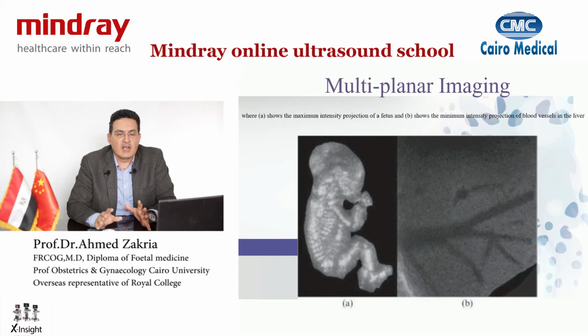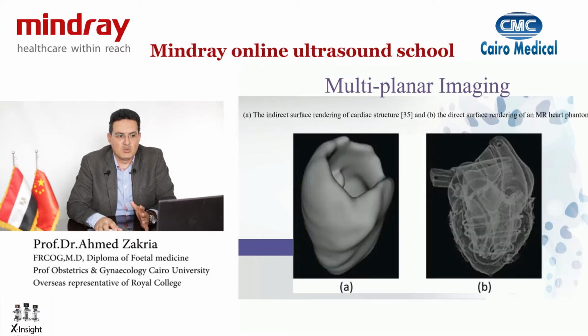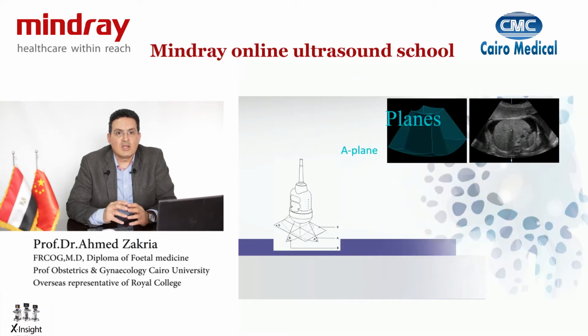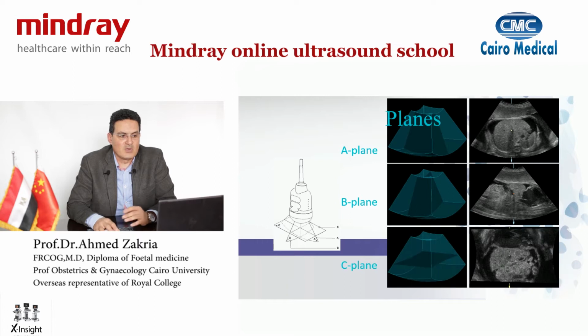Can I work on the surface? Do I need to work on a maximum intensity, where I can get more of the solid structures such as bones, or do I want a very soft intensity of imaging to get mainly the blood vessels? Again, I can render all the slices together and see how the structures look from the surface, or render how the blood vessels with the soft structures look from the inside, as I'm showing here in those two images of the heart.